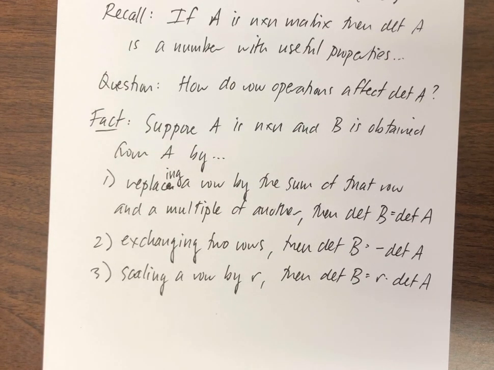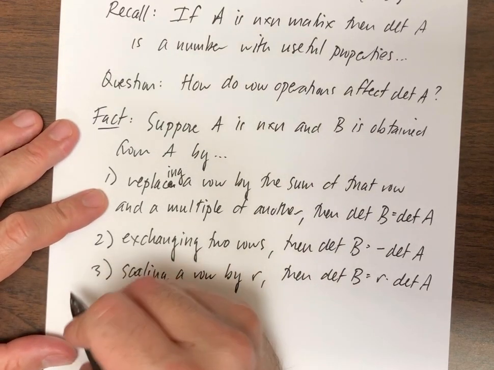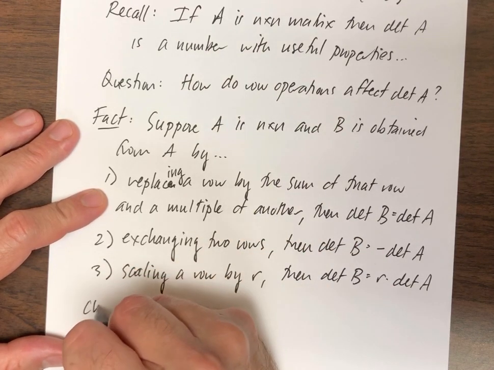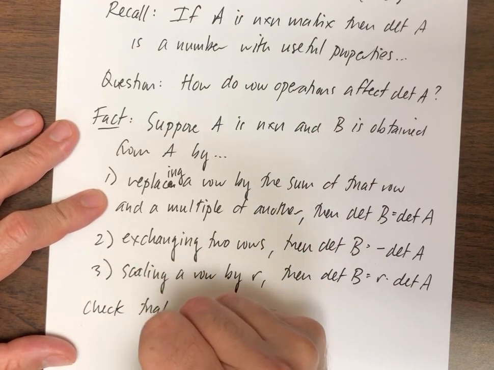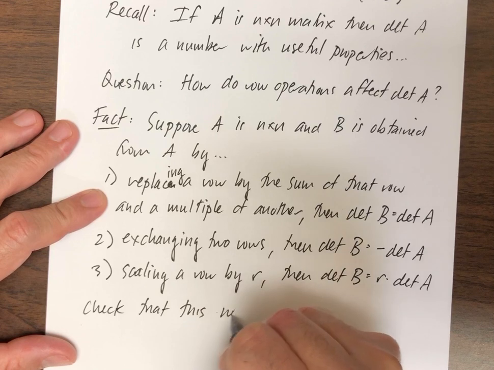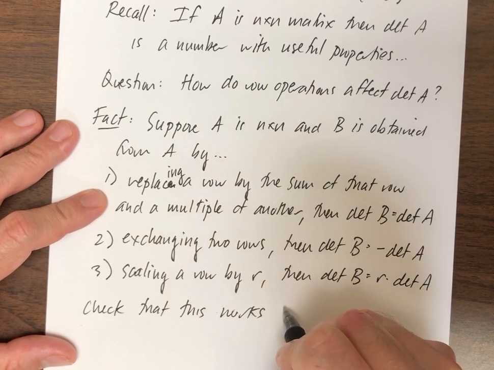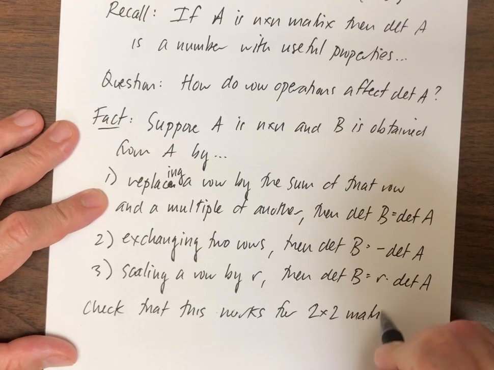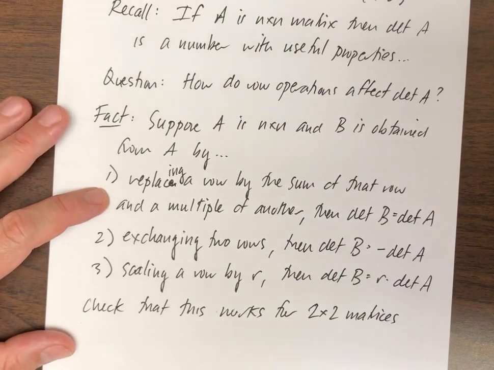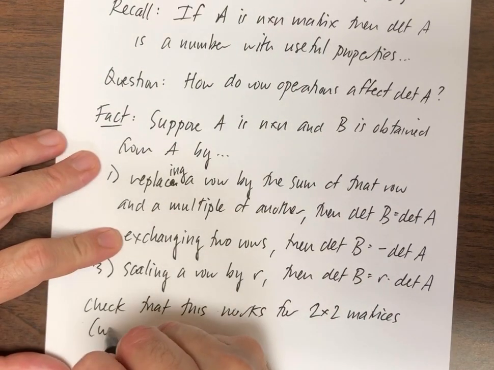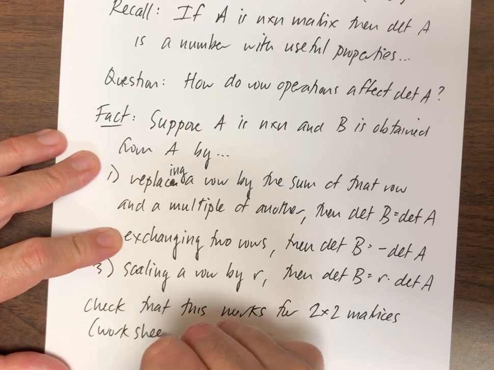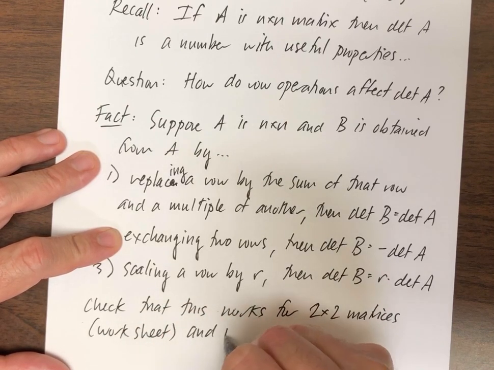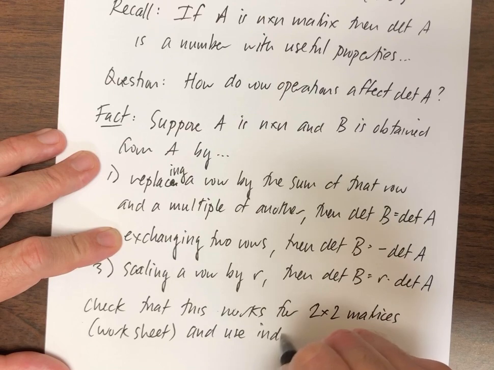I'm not going to really tell you why this works, but the way to prove this is you check that this works for 2 by 2 matrices. And this is actually something we're going to be doing on the worksheet. And then what you do is you use something called mathematical induction.